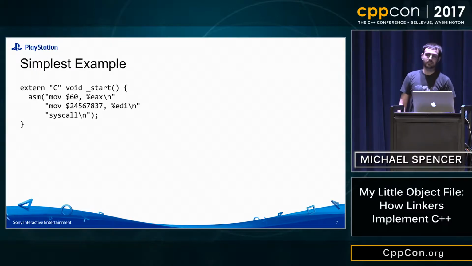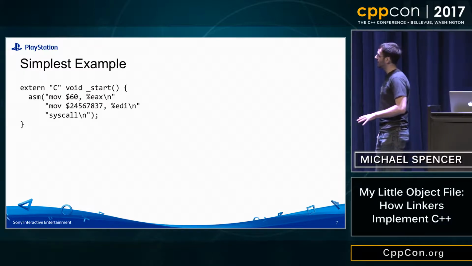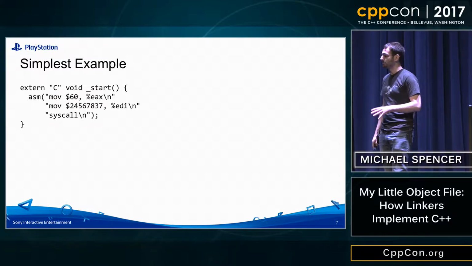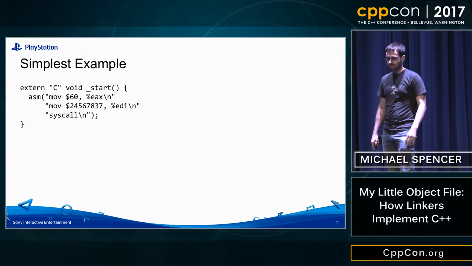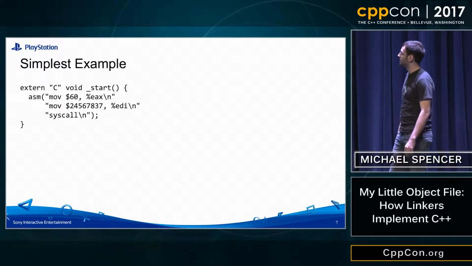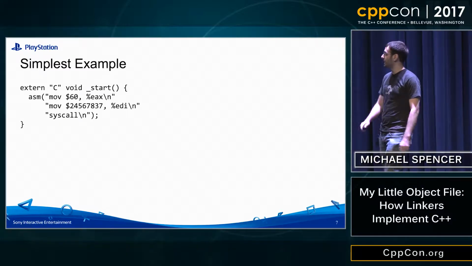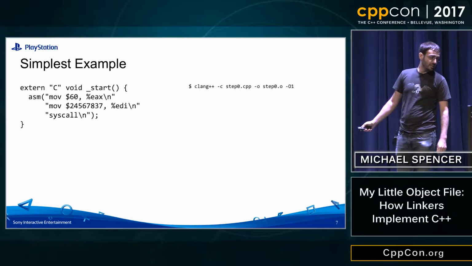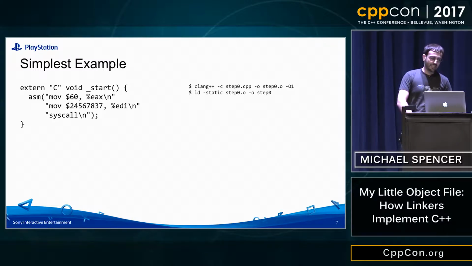Let's start with a really simple example. This is about the simplest I could get that is still a C or C++ file that is the easiest to link. So we've got some assembly here. This is really simple assembly. This is the x86-64 Linux ABI for calling exit and passing a value. So we can compile it into an object file. We can link that object file.